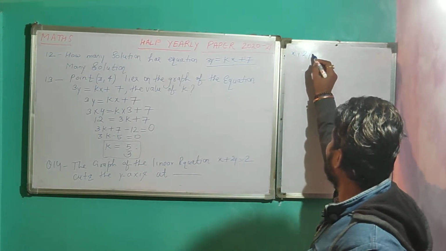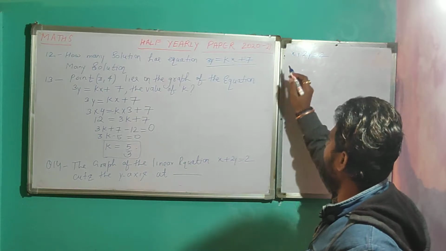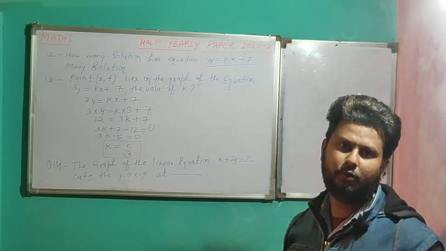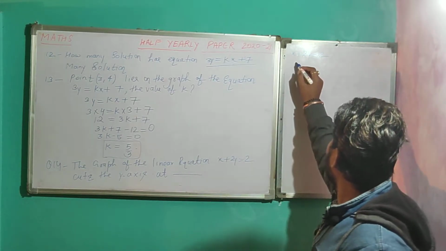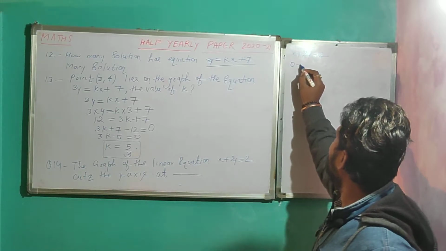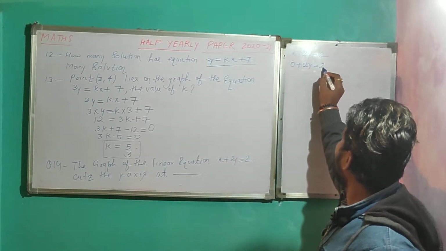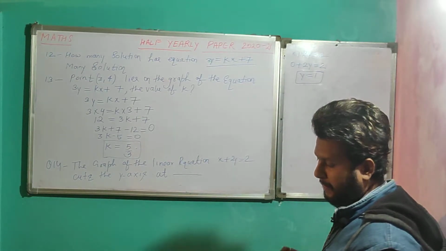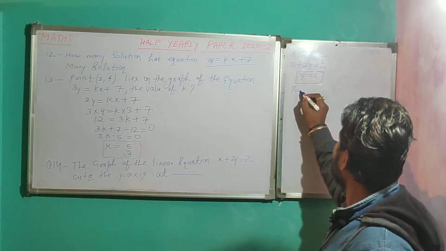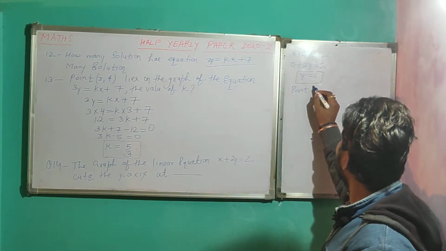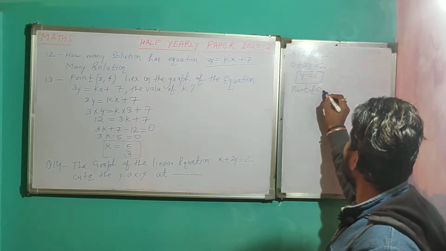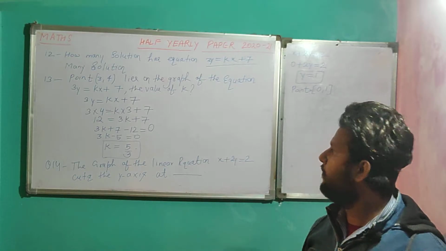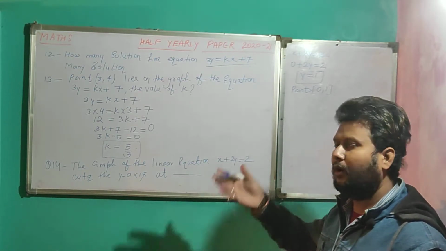We know very well, if any line cuts the y-axis, then the x coordinate will be equal to 0. Therefore, putting x = 0, 2y = 2, therefore y = 1. Therefore the point will be x = 0 and y = 1. This will be the point where this line cuts the y-axis.